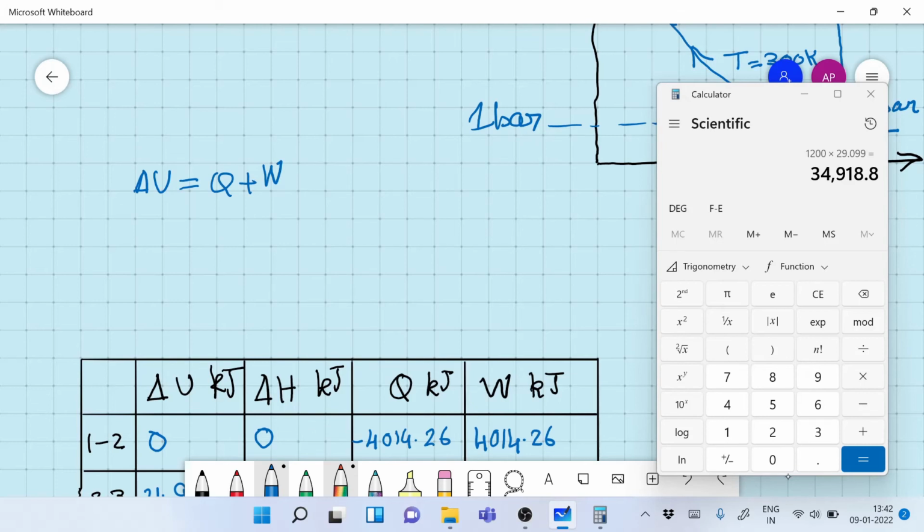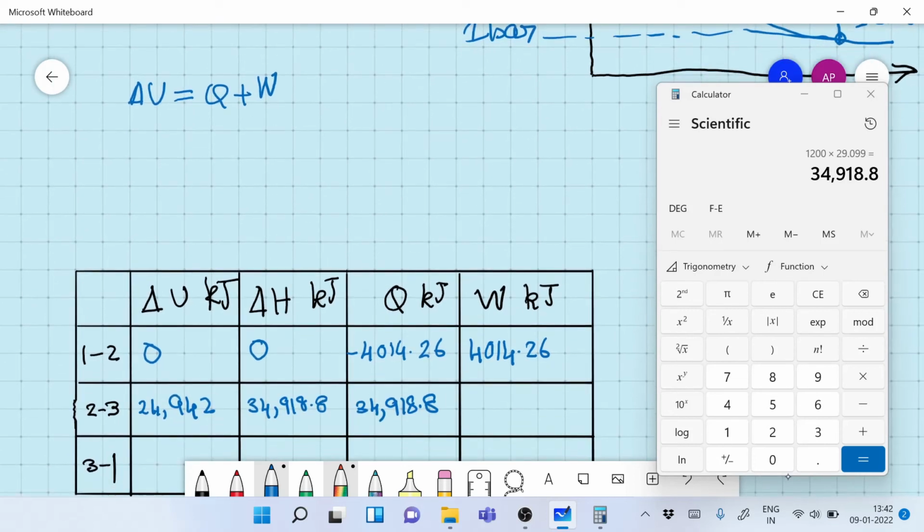Now for process 2, 3, we know that delta U is equal to 24,942 and the heat given is 34,918.8.